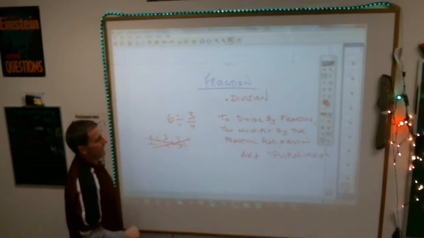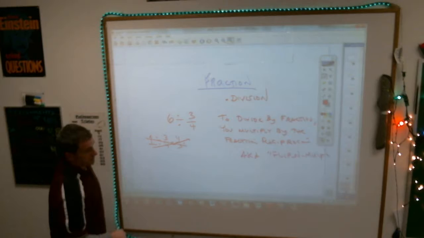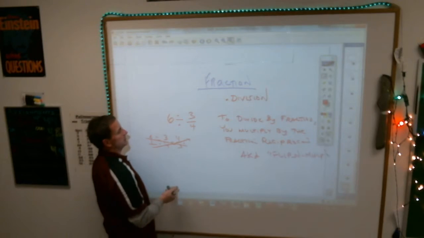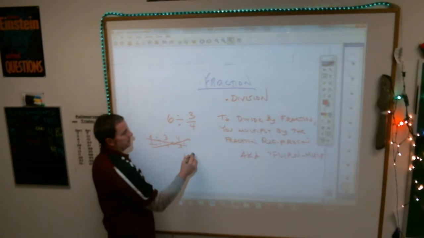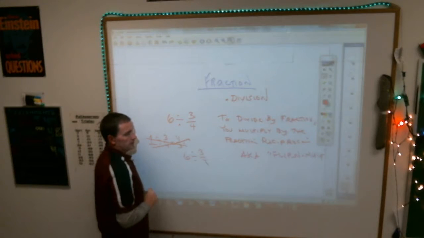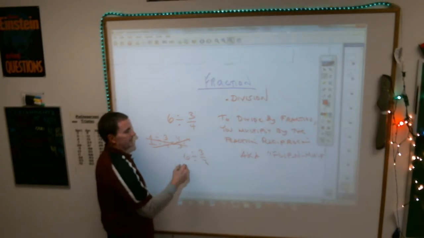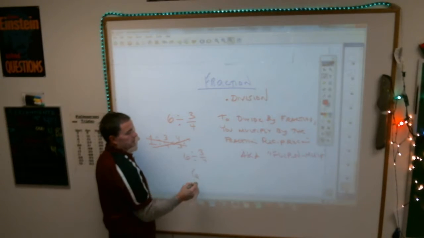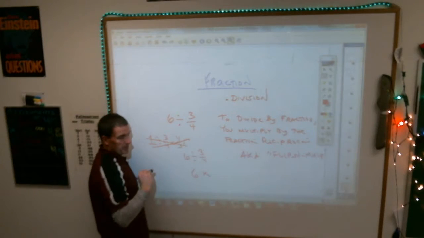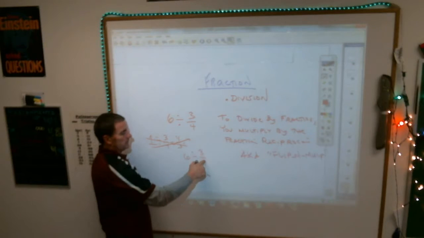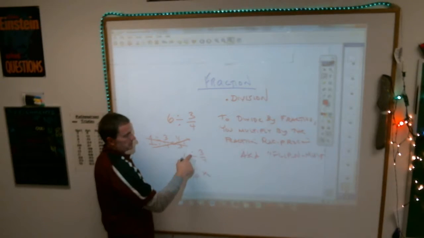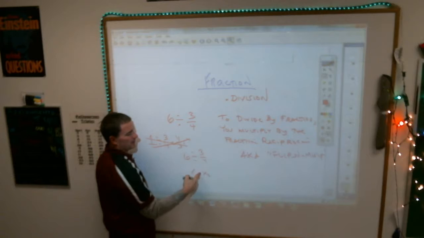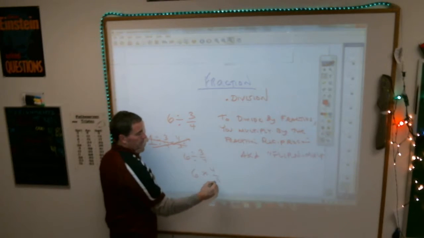Dividing by fractions is as easy as multiplying by fractions because they're the same thing. In other words, if I've got my 6 divided by 3/4, in order to do this problem, I am going to change the division sign to a multiplication sign and take the reciprocal of this. 6 divided by 3/4 is the same thing as 6 times 4/3.